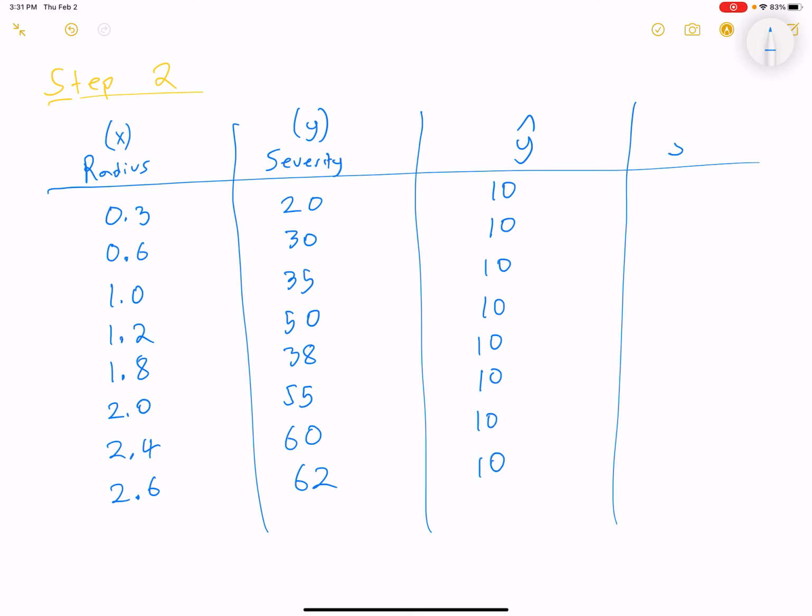And our square error, which we take the mean of to get mean squared error, would be, can someone tell me what it is for this first data point? 100, yep, because the difference between y and y hat is 10, squared is 100. So doing that for the other data points, we get our list of squared errors.